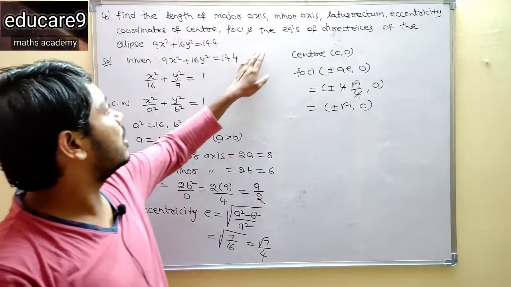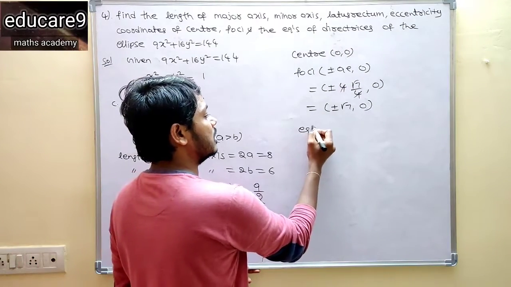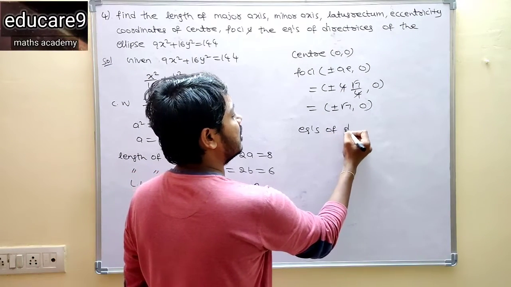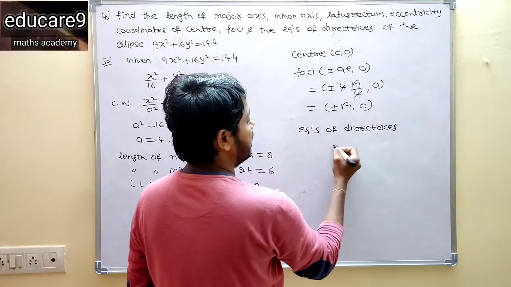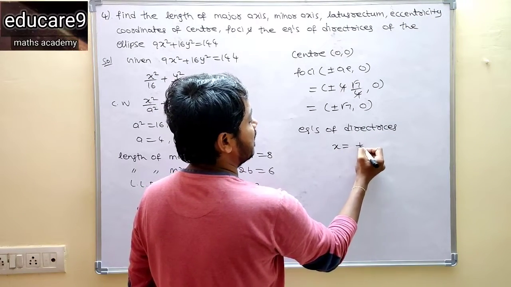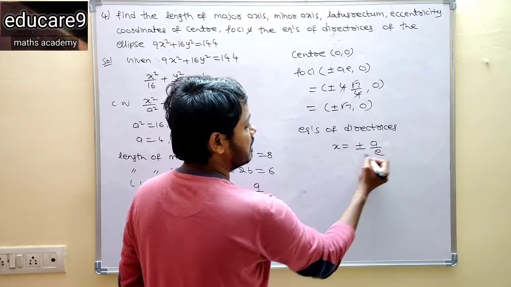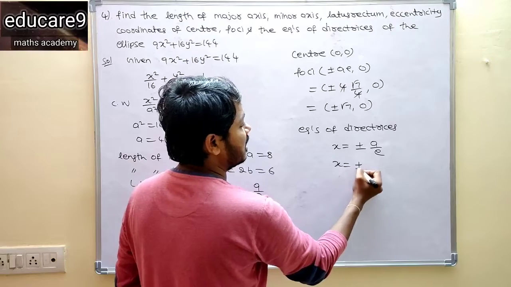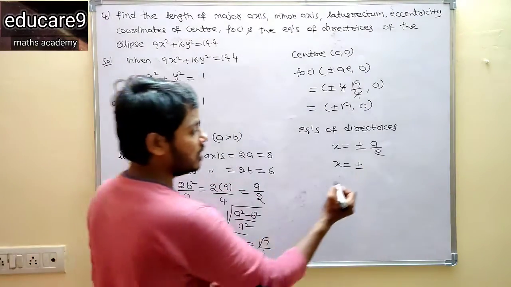Let's find equations of directrix. See here, equations of directrix. That is x is equal to plus or minus a by e. So x is equal to plus or minus, what is the value of a? 4.